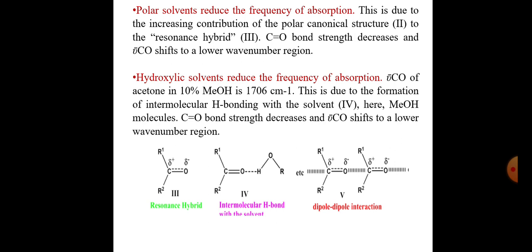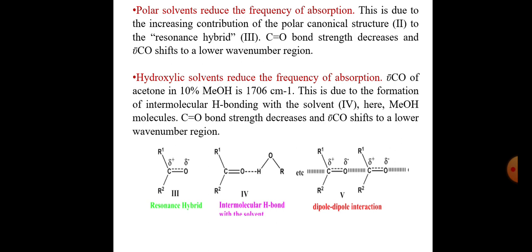This is due to formation of intermolecular hydrogen bonding between solvent and ketone. Here, with methanol molecules, the carbon-oxygen bond strength decreases and the carbonyl stretching frequency shifts to a lower wave number. See the structure.